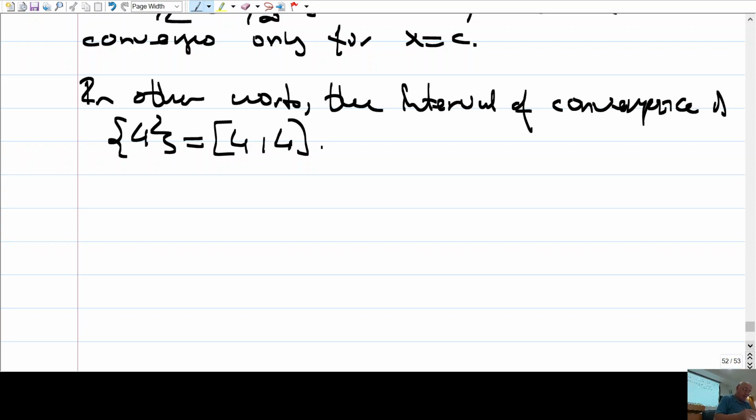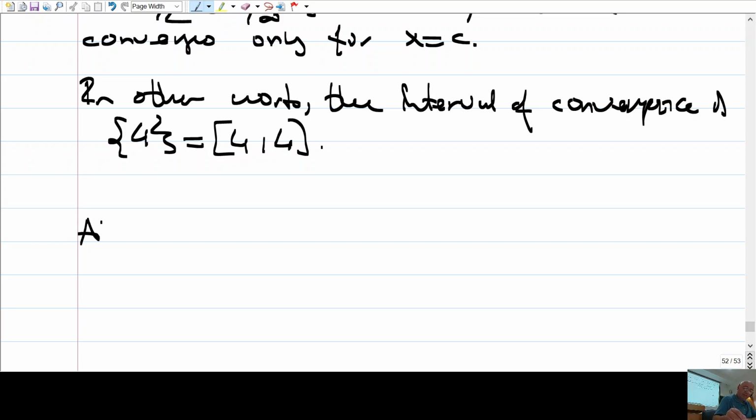Once we have this power series, you can play with them. You can apply algebraic operations to power series and operations like differentiation and integration.